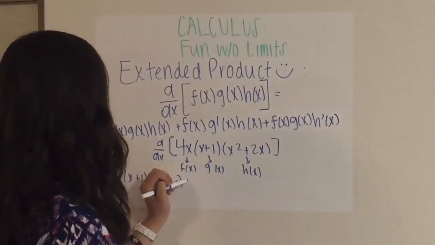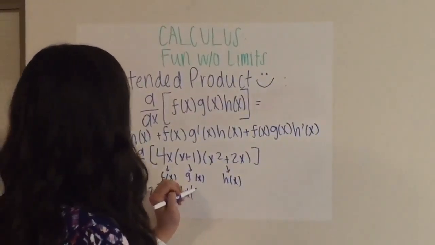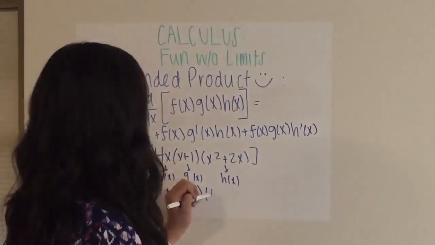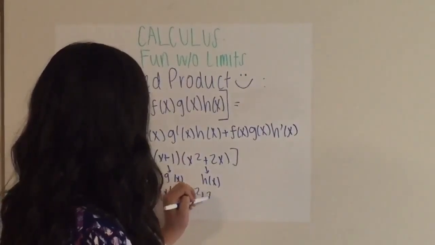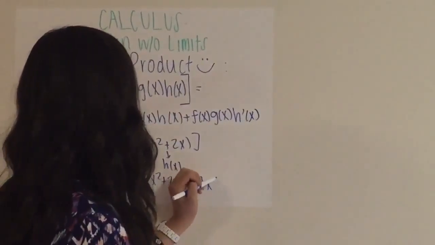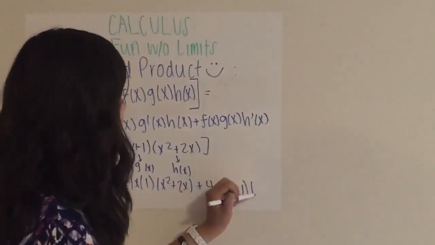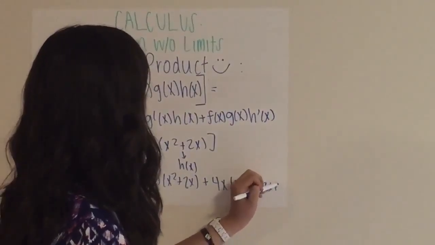And then we hold the 4x, and the x plus 1 will be a 1 when you derive it, and then x squared plus 2x. And for the last one, we hold the 4x and hold the x plus 1, and then derive this, which will be 2x plus 2. And that is the extended product.